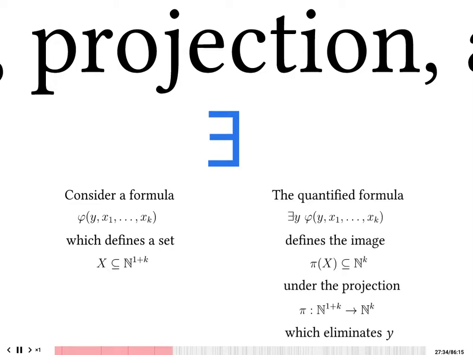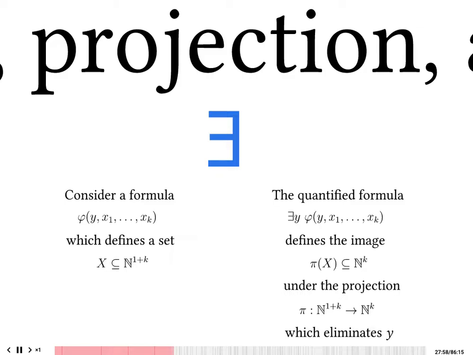Now if you apply an existential quantifier to this variable, the corresponding relation has arity k, because the number of free variables is just k. It is the same thing as taking the original k plus 1 array relation and projecting it to the coordinates x1 up to xk, erasing coordinate y.